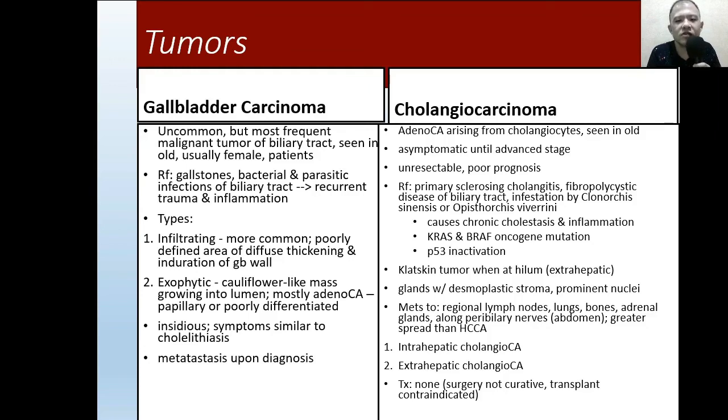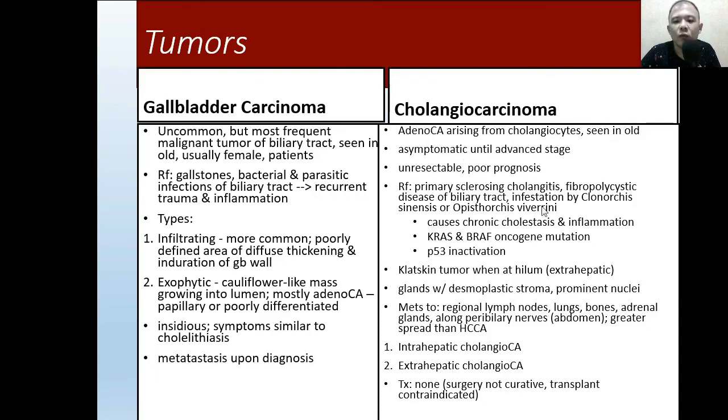For cholangiocarcinoma, what you have to remember is that, again, there is chronic irritation of the biliary epithelium, okay, and it is seen in old patients, okay.